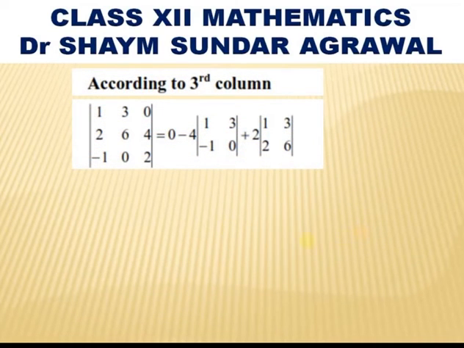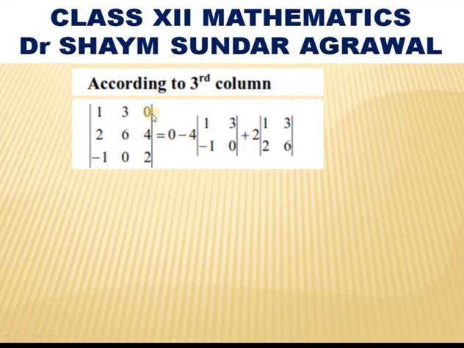Similarly, according to the third column, 1, 3, 0, 2, 6, 4, minus 1, 0, 2, its determinant is 0 into something, 4 into something and 2 into something, and their signs. Because 0 lies on A13, meaning first row third column, its sign is minus 1 to the power 1 plus 3, which is positive, next one is negative, next one is positive.